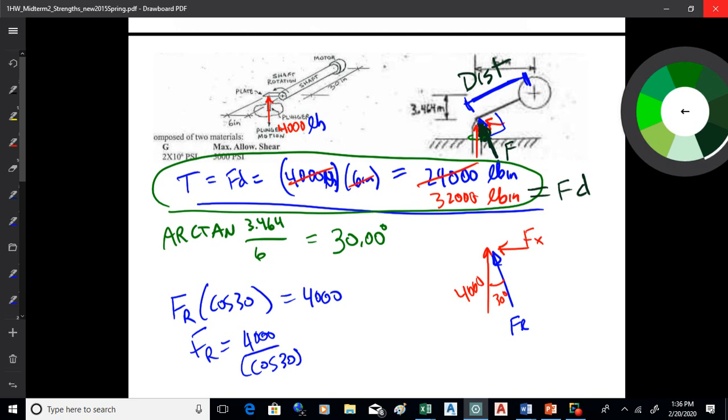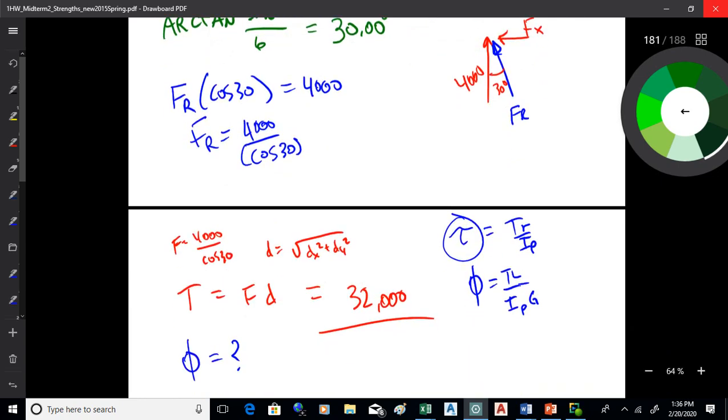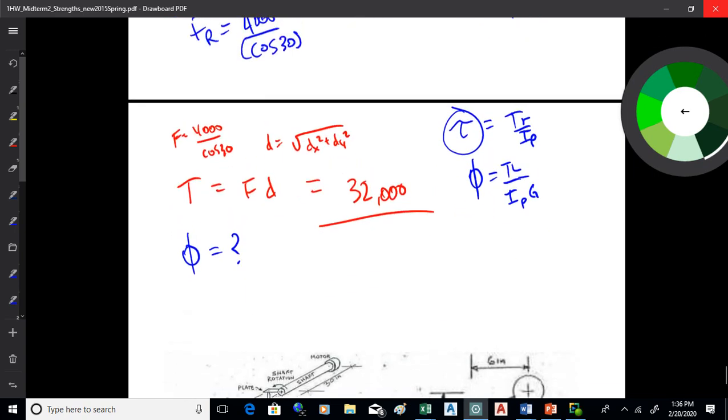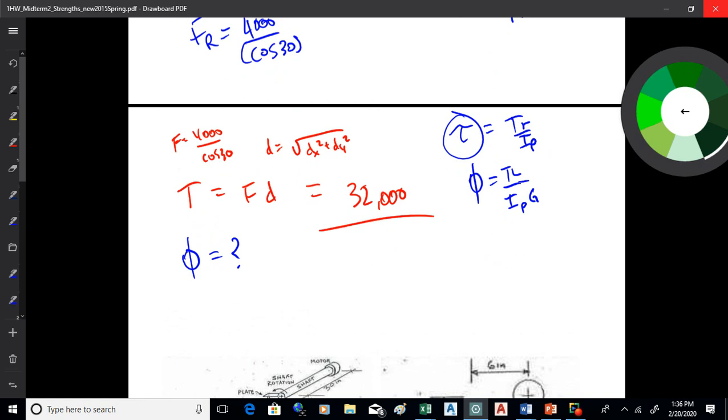Now once we got that, now we have the torsion. All right. Now you know what the allowable shear is, okay? You know that the allowable shear that was given is 5,000 psi.